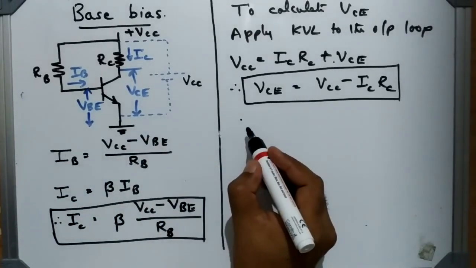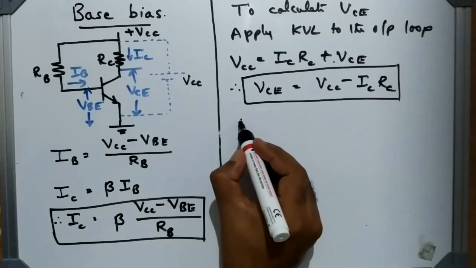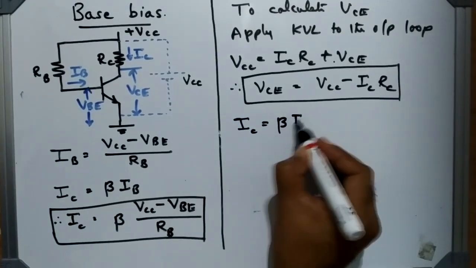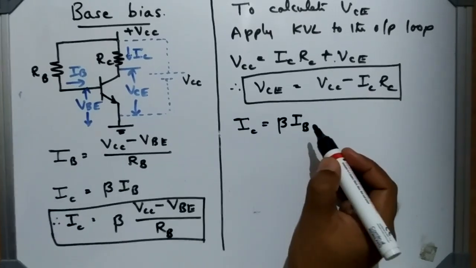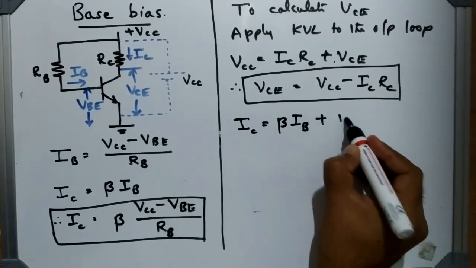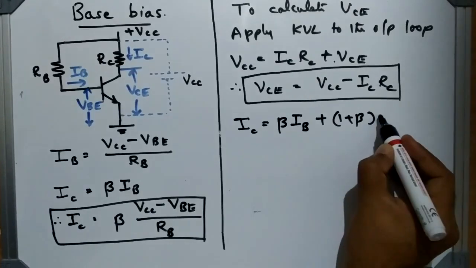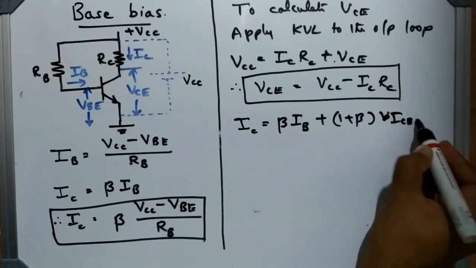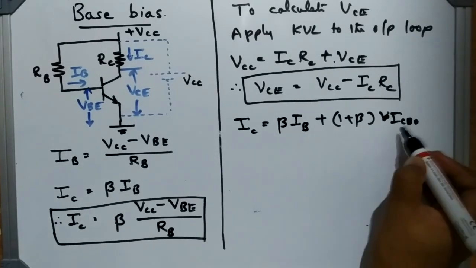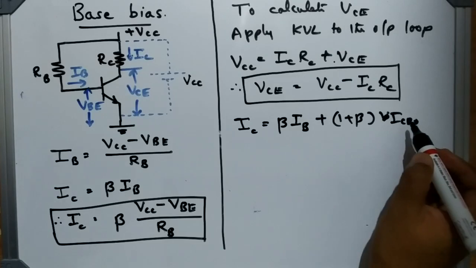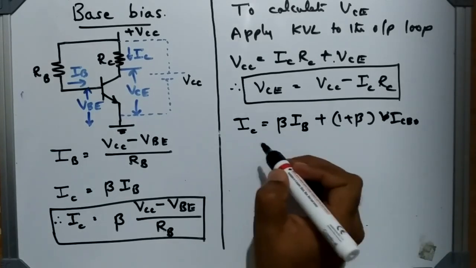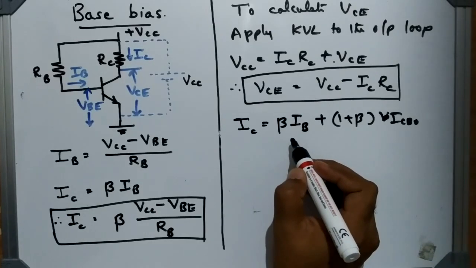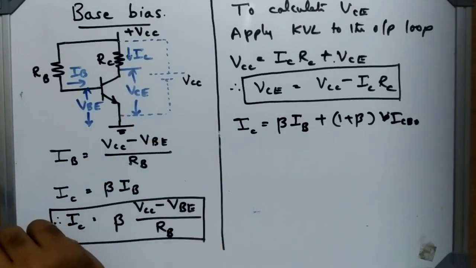Due to the temperature, again IC will increase, because the collector current is the current due to the majority charge carriers, that is beta into IB, plus 1 plus beta into ICBO, where ICBO is the current due to the minority charge carriers. So when the temperature increases, IC also will increase. So that means the collector current will increase.